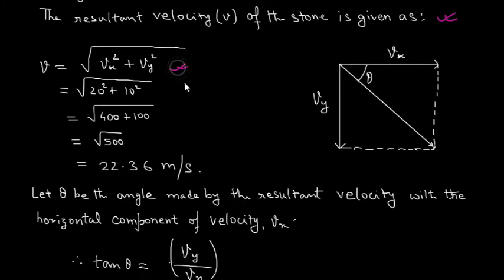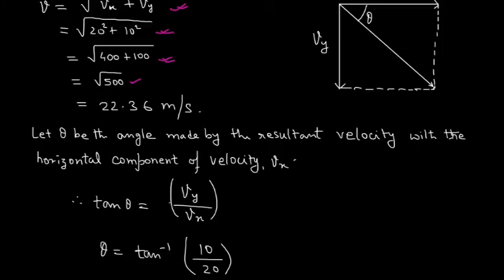So put the value of vx and vy, 20 and 10, then 400 and 100, that is 500, root 500. Upon solving we get 22.36 meter per second.